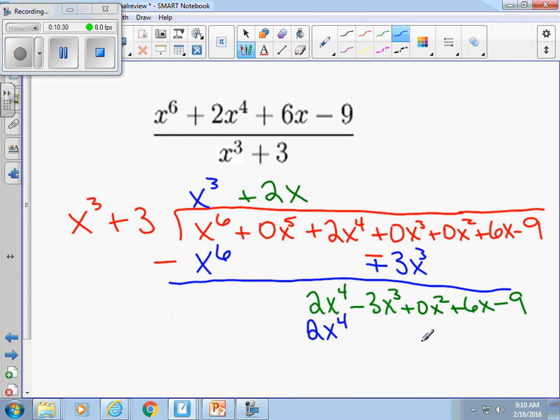And 2x times 3 would give me 6x. Any questions? Again, why did I put the 6x way over here? To put it with a like term so that when I subtract, I do that correctly. Change both signs.